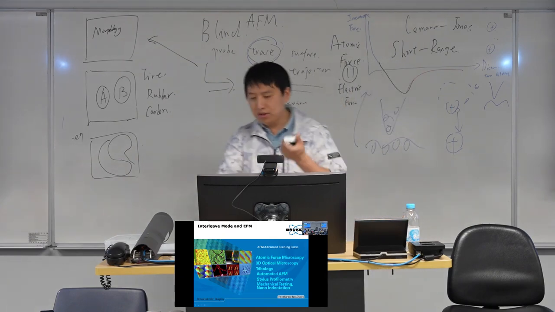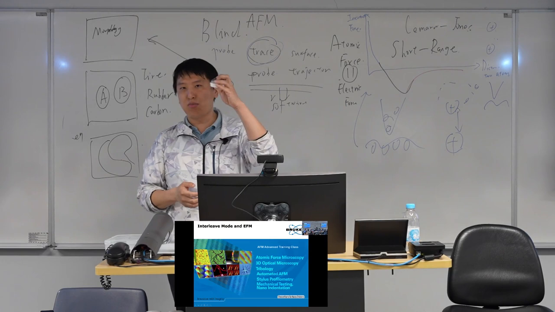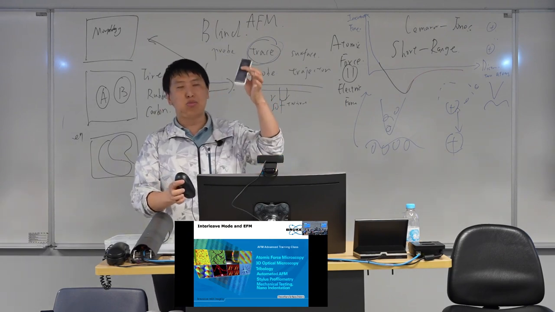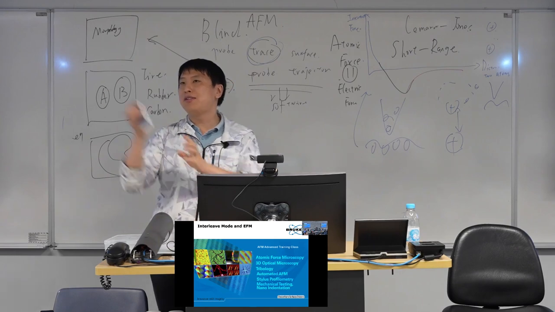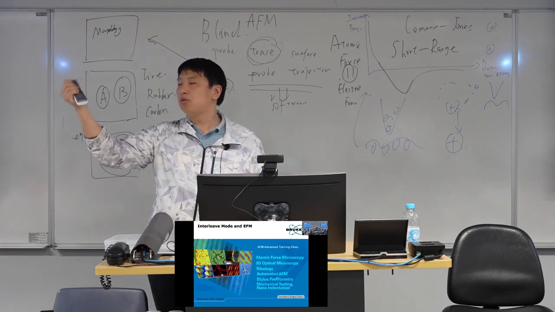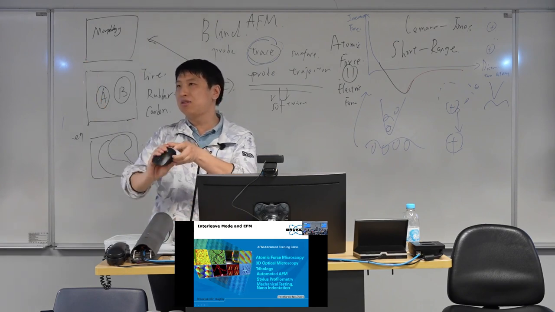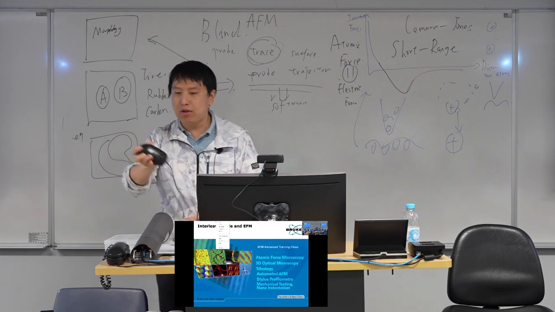How can I distinguish this brush and this mouse? The mouse is hard, the brush is soft. If I squeeze on it, the brush can be squeezed easily, but this mouse is hard. If I squeeze, nothing will happen.